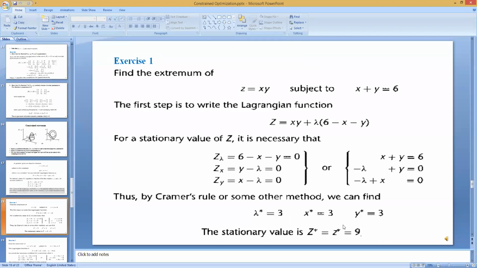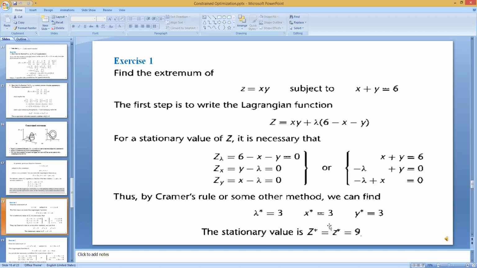To understand the matter more clearly, you can consider this kind of example. This is the original objective function. Then this is the constraint, x plus y is equal to 6. And we are using the Lagrangian expression, writing the first order conditions, and solving these first order conditions, we are getting the values for lambda star, x star, y star.